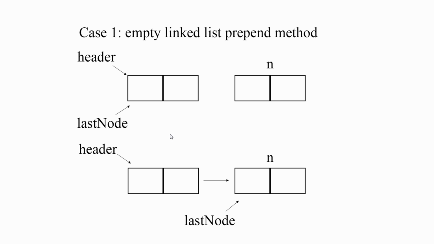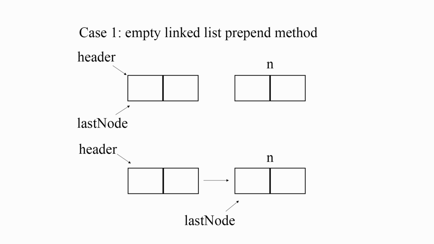So how would we do that? Well, header is always going to be the reference to the dummy node, so this has no data in it. And header.next is always going to reference the first element in our list, which would be n in this case, because we want to add n to our linked list.